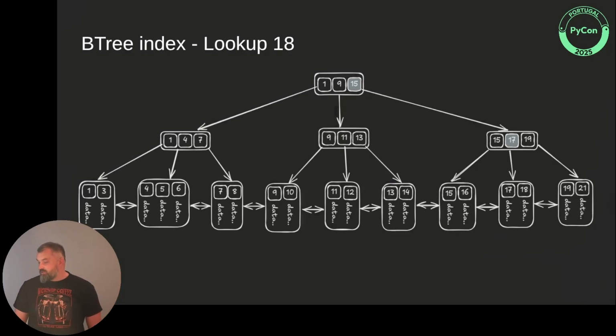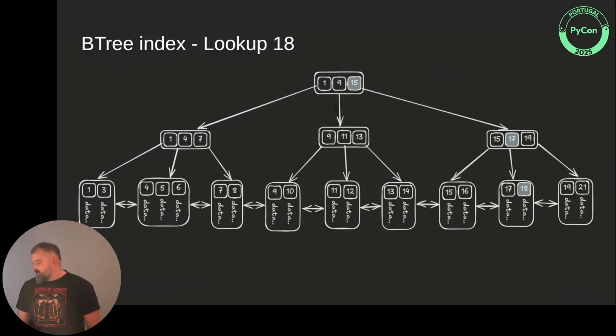It finds that 17 is the largest value that is still less than 18. From there, it knows that it has to go inside these leaf blocks. And inside the leaf block, it finds that, okay, we have the 18 there, and it contains some data.